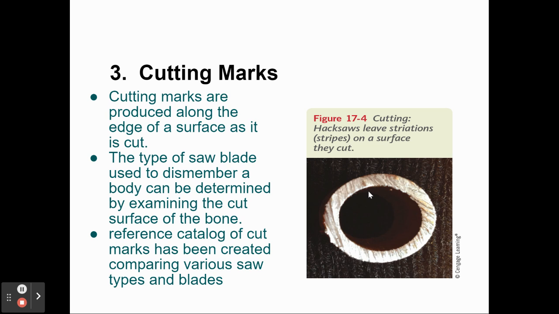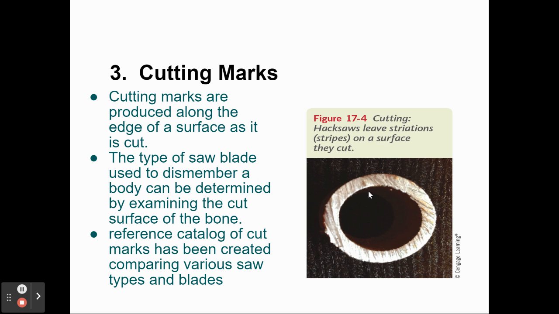Now, the Ames Laboratory in Iowa, we'll actually be talking about that as well here in just a little bit. But the Ames research laboratory, they have started creating a reference catalog of cut marks in bone by different types of saws with different types of blades. It's really pretty astounding some of what they've done.